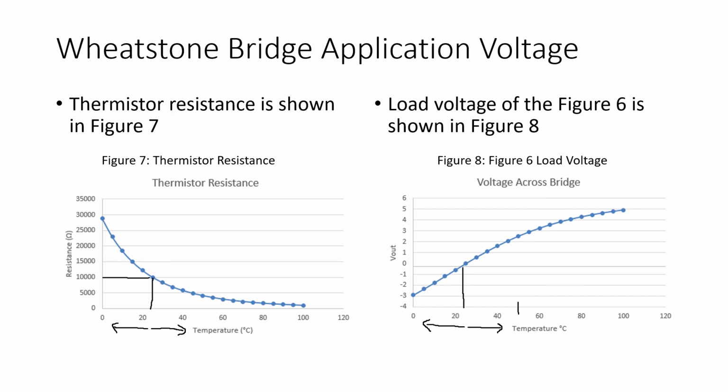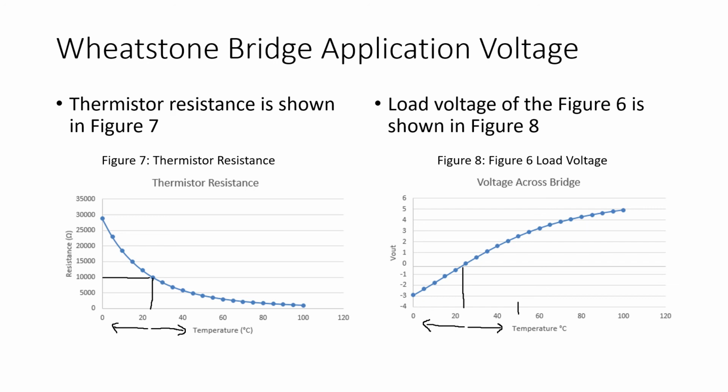This is one of the reasons we utilize the Wheatstone bridge in an application like this, because we're able to obtain a fairly linear output voltage, or voltage across the bridge, even when we use a very nonlinear device such as the thermistor.